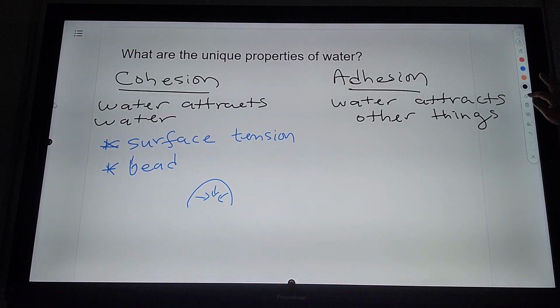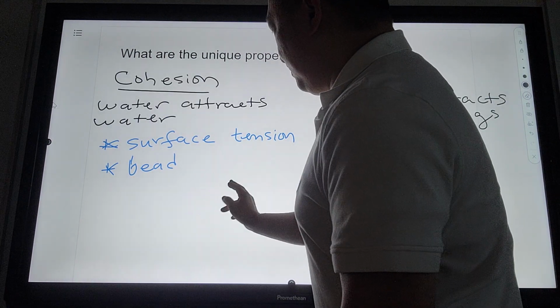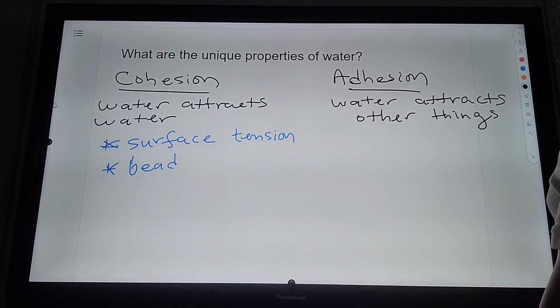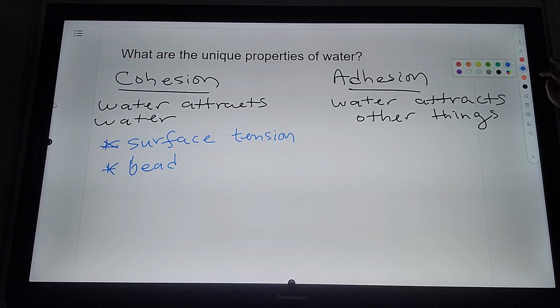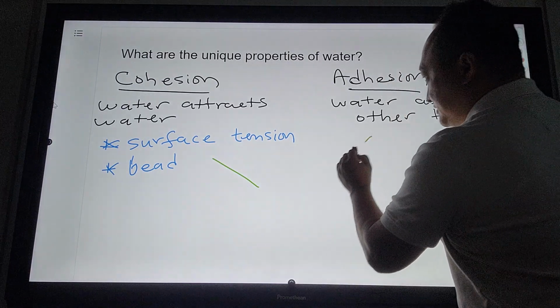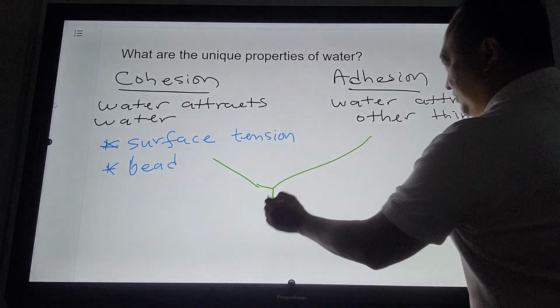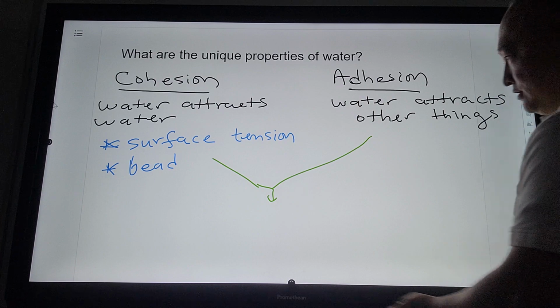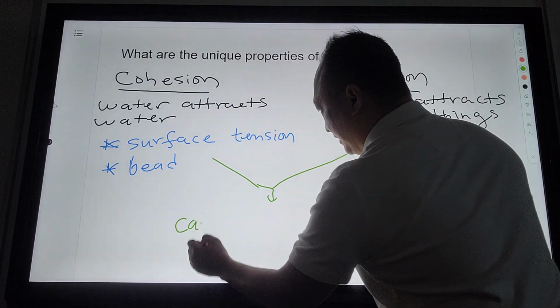So our next one is going to be a result. It's actually not a unique property of water, but it is a phenomenon that is caused by cohesion and adhesion, and it's called capillary action.